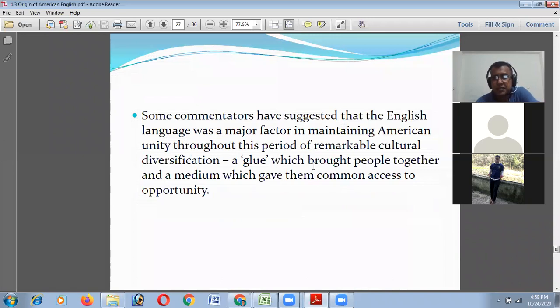So some commentators have suggested that the English language was a major factor in maintaining American unity throughout this period of remarkable cultural diversification, a glue which brought people together and a medium which gave them common access to opportunity.